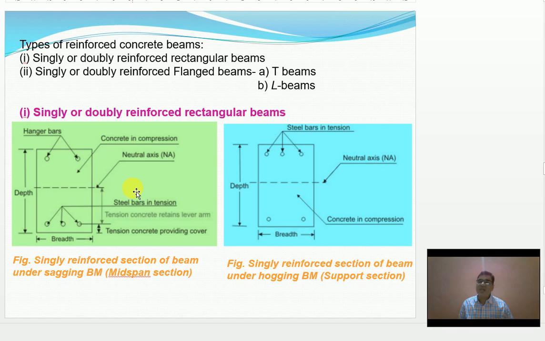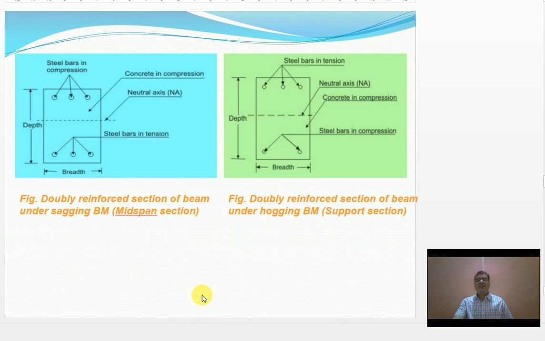That means hogging bending moment occurs, in which tension occurs at top and compression occurs at bottom, and hence main reinforcement is provided at top. So what's the definition of singly reinforced section? You cannot say always at top or always at bottom. When steel is provided only at one face, and that is also a tension face, it is called as singly reinforced section, okay. Well, the next slide that we'll see related to double reinforced section.